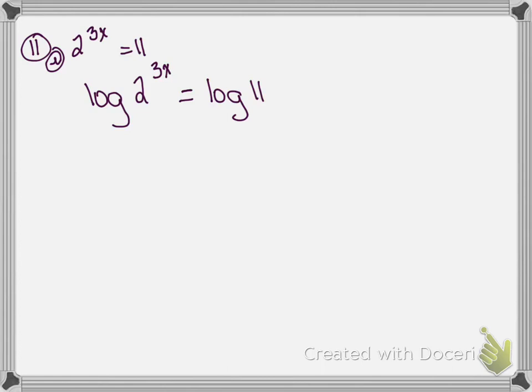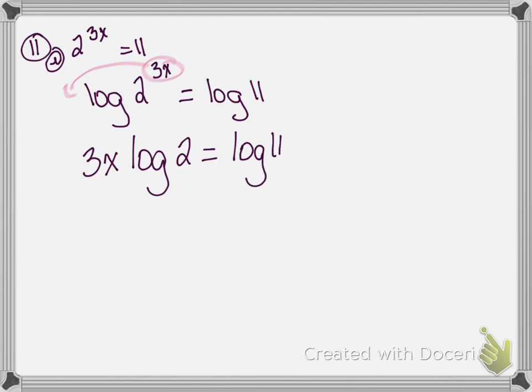Now I'm going to use my power rule, and I'm going to take that 3x and put it right here. So I have 3x times log of 2 equals log of 11. Now none of this is being added or subtracted. We are multiplying everything.